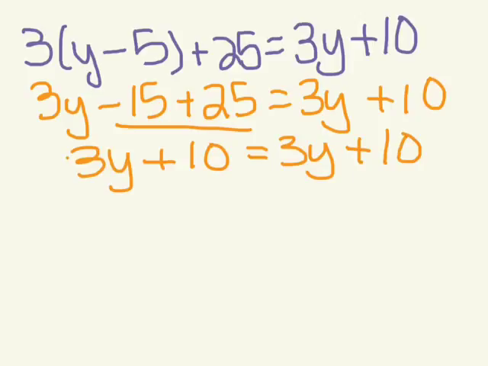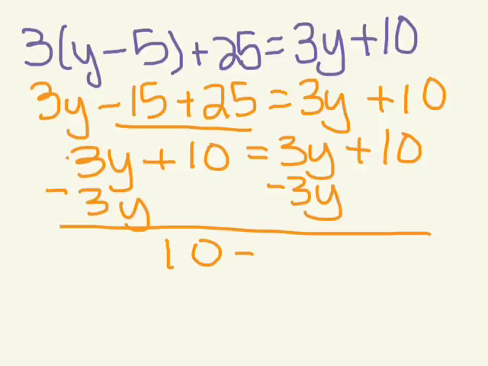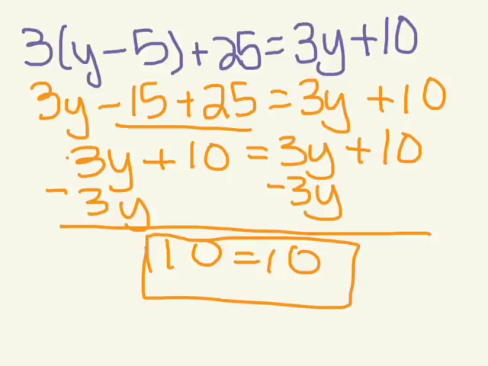You can see already that the two sides are equal. If I subtract a 3y from both sides, I literally end up with 10 equals 10. Whenever something like that happens, that is called an identity, and all numbers work. So all numbers are a solution.